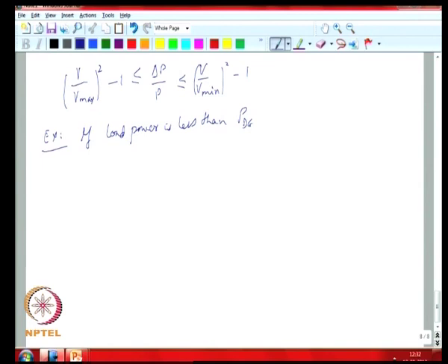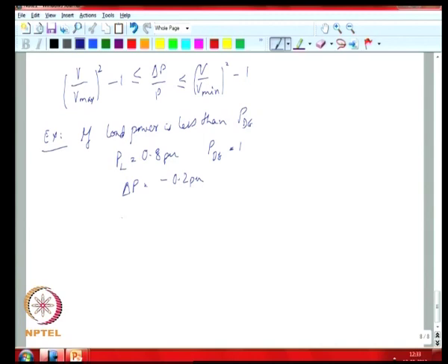So, if PL is 0.8 per unit and PDG is 1 per unit, then your delta P is minus 0.2.